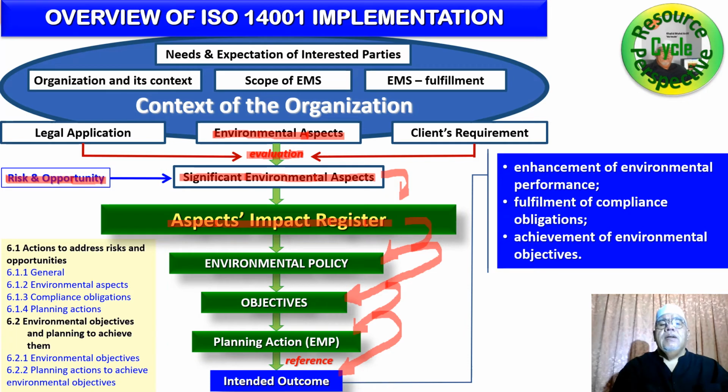And ISO 14001 version 2015 reiterated, I would say, or states quite sternly, that our intended outcome must include enhancement, betterment of our environmental performance. It is continual improvement, remember, so it has got to improve from time to time.